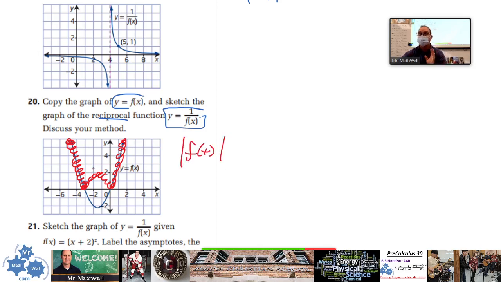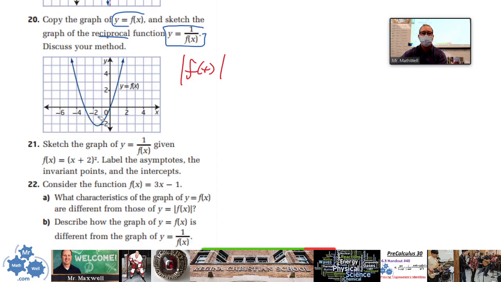Okay, that's absolute value. We don't want absolute value. We want reciprocal. So wherever you see a 0, there and there, guess what? That's an asymptote, because 1 over 0 is bad. Very, very bad. That's an asymptote.